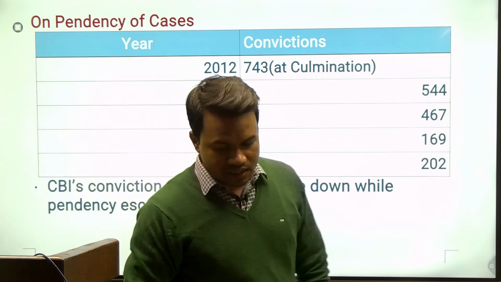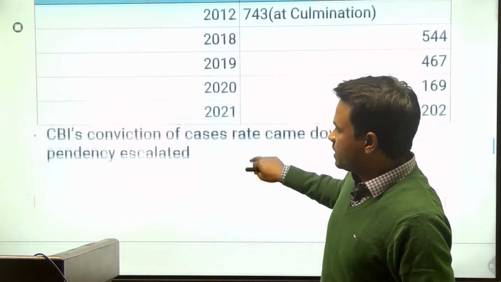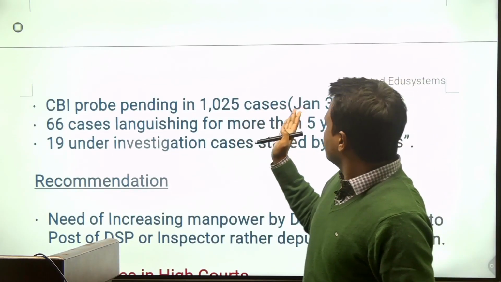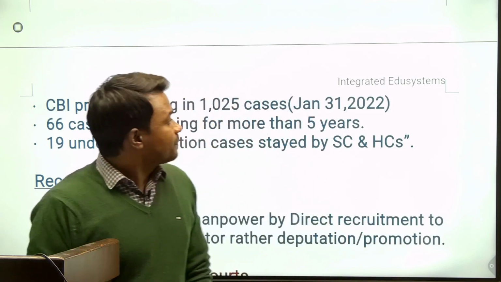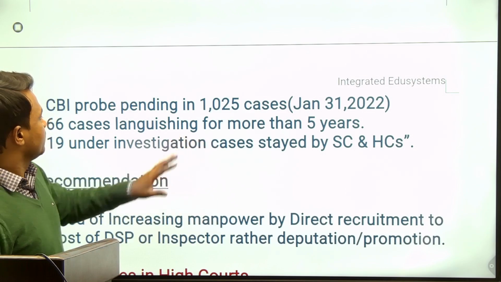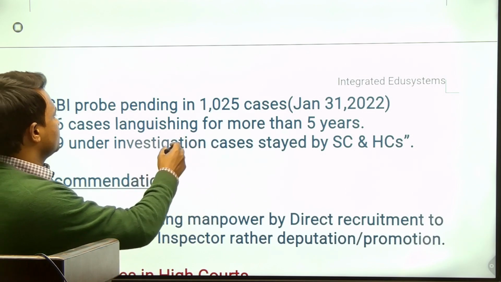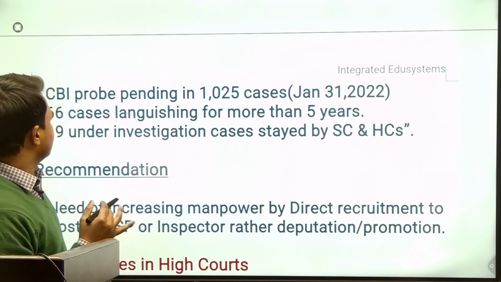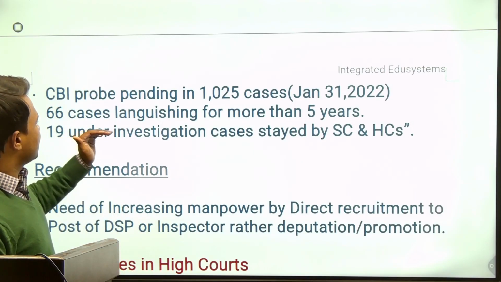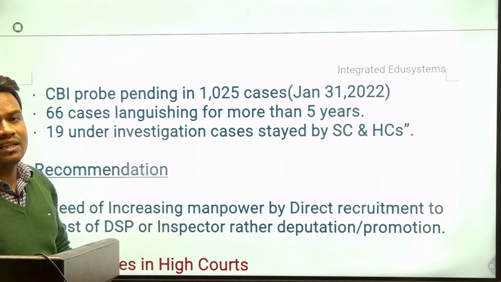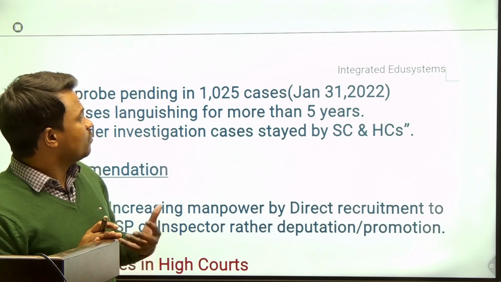And what are the other issues they found with the CBI or pendency? CBI probes pending till January 31, 2022, were found to be about 1025 cases. So there is high pendency, and 66 cases are languishing, still in limbo, for more than 5 years.